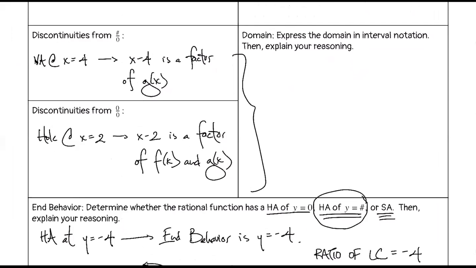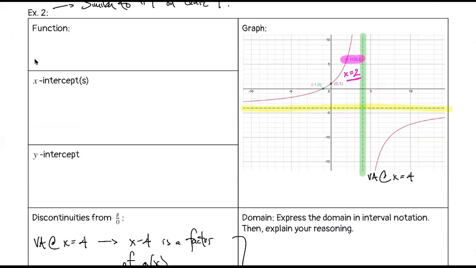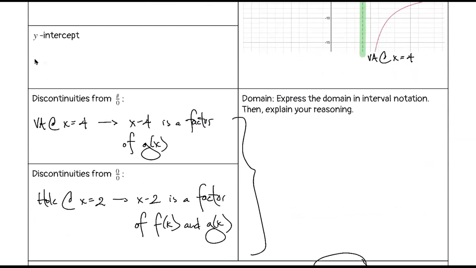Okay. Now, it might be easy to look at the graph and say, oh, 2, because there's the left branch and the right branch, right? But I think the thing that Thea and Richard both picked up on, there's that hole, and we have to exclude that point as well, okay? So we're going to start from negative infinity. The next point that we have to take out is the 2. And that was our hole.